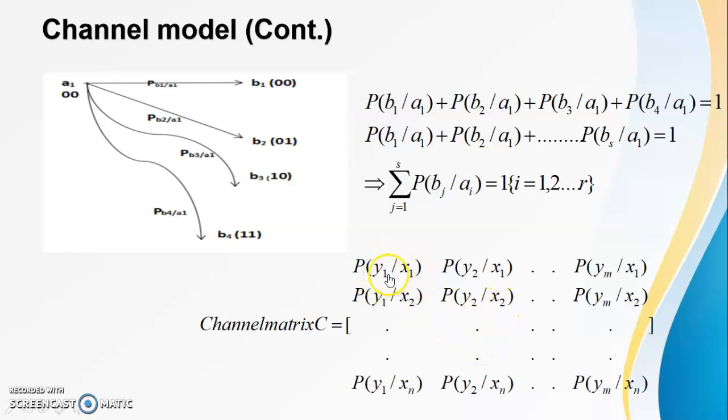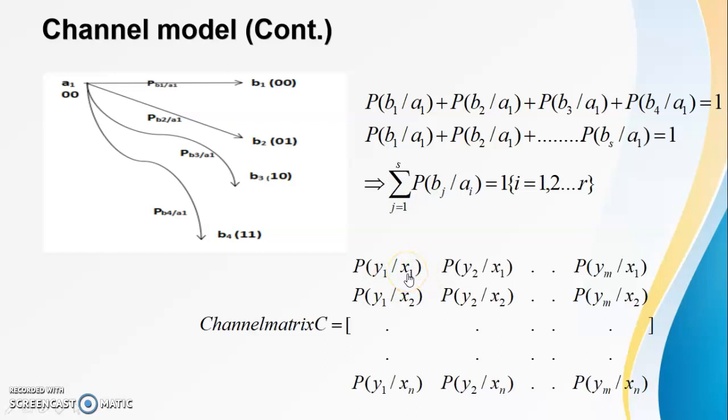All the transmission probabilities are written in a matrix form where all column elements are denoted by outputs y1 up to ys and row elements are denoted by inputs x1 to xr.